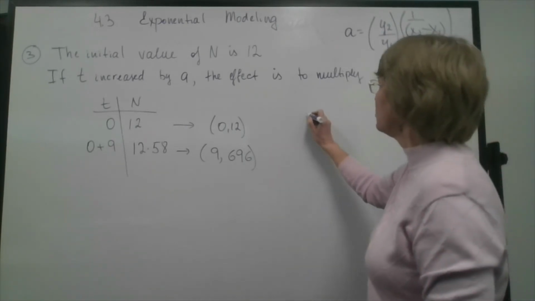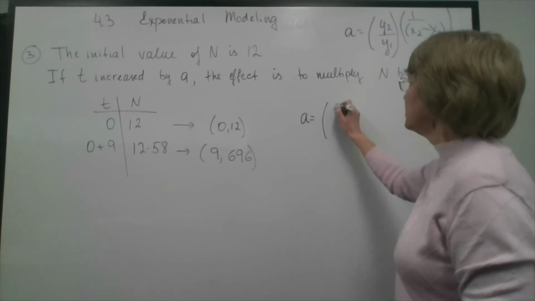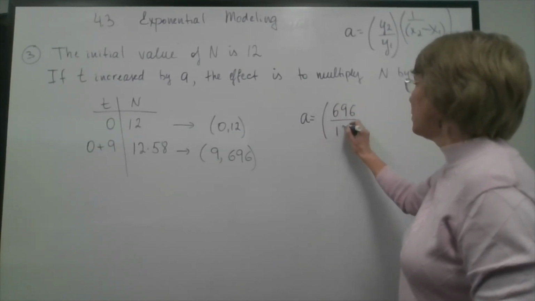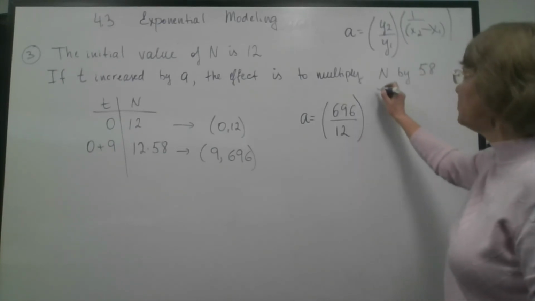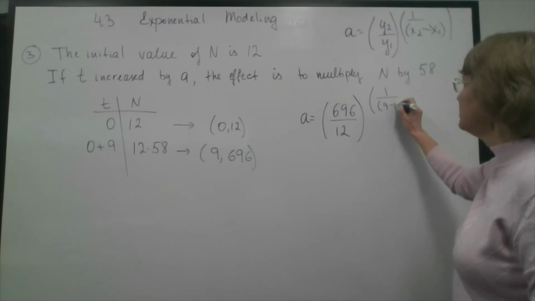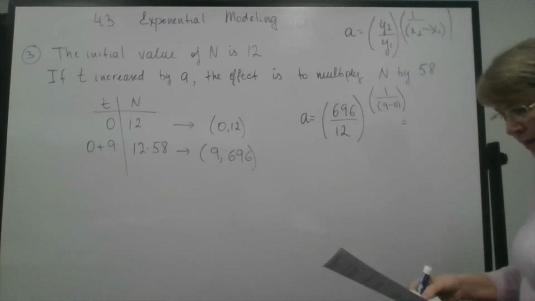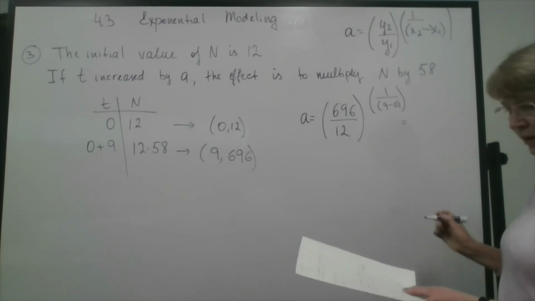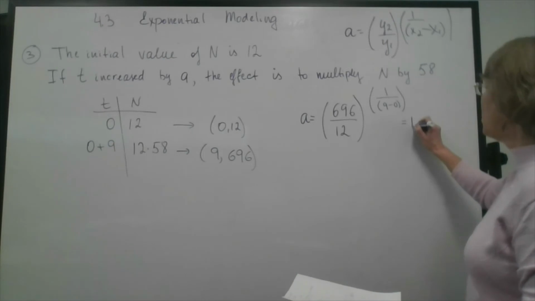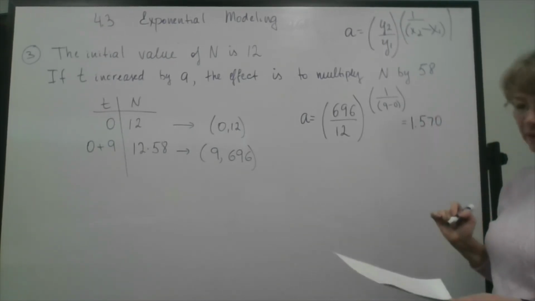Let's use this formula. A is equal to 696 over 12, to the power 1 over 9 minus 0. You will get the answer, and you round your answer to 3 decimal places. So it will be 1.570.